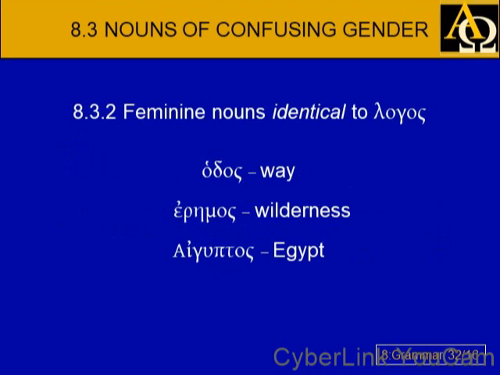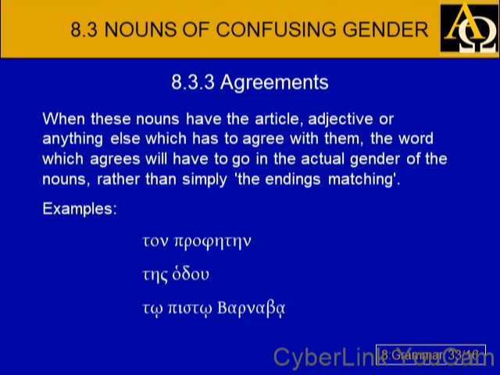So feminine nouns identical to logos: odos, way; eremos, wilderness; Aiguptos, Egypt. Agreements: when these nouns have the article, adjective, or anything else which has to agree with them, the word which agrees with them has to go in the actual gender of the noun rather than simply the endings matching. So ton propheten, tes hodou, to pisto Barnaba.